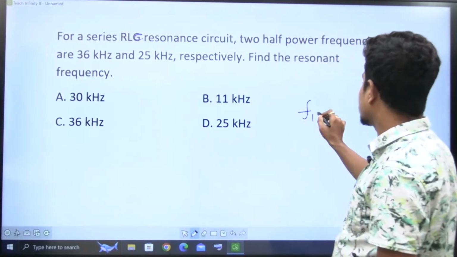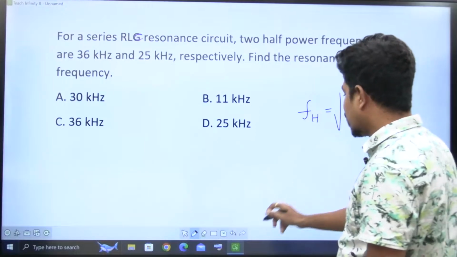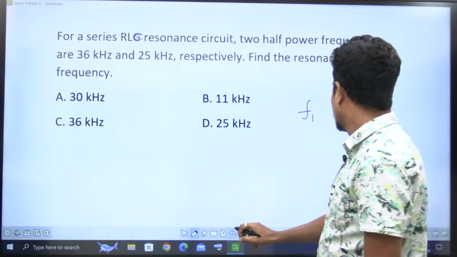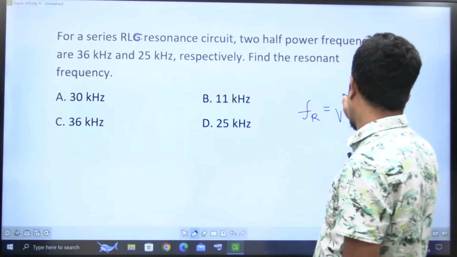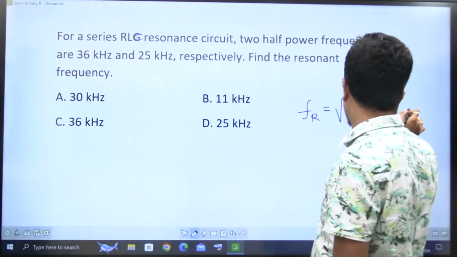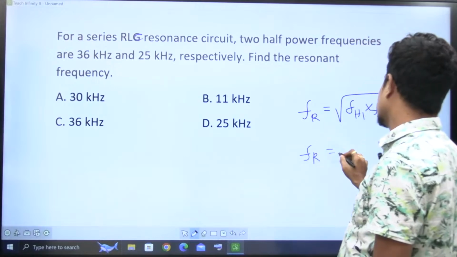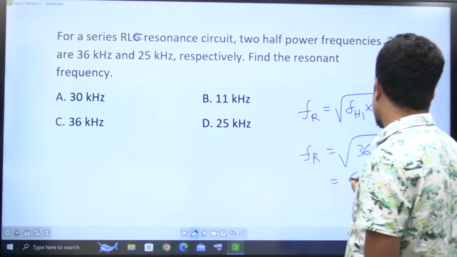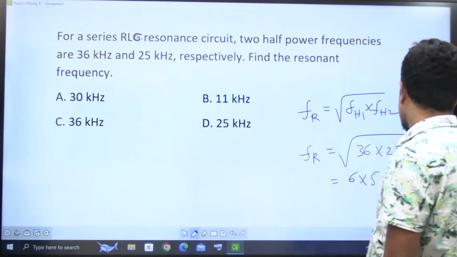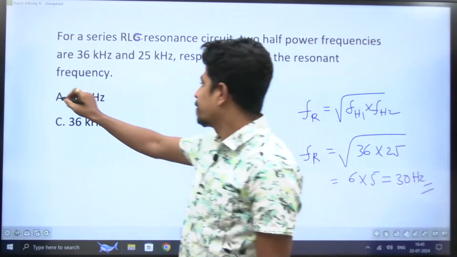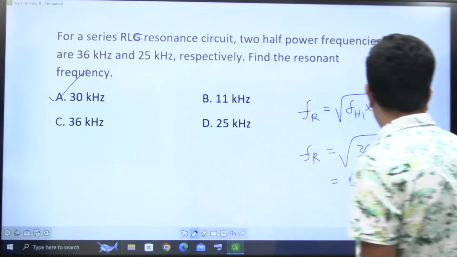The resonant frequency is equal to the square root of the first half power frequency times the second half power frequency. Therefore, resonant frequency is equal to the square root of 36 into 25. Root 36 is 6, root 25 is 5. That is equal to 30, which is 30 kilohertz, since it is given in kilo.